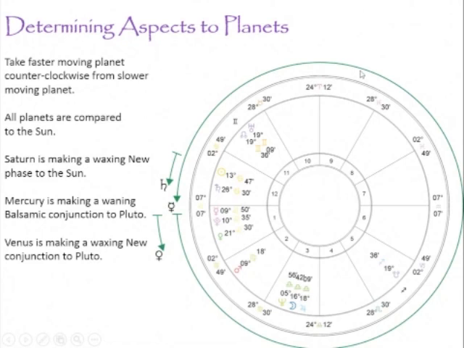So this is the direction counterclockwise you will go when you are doing the comparison of a faster moving planet to a slower moving planet. Now we'll work with some of the math for this as well in a little bit. I'm just going over these slides to give you an overview of this.